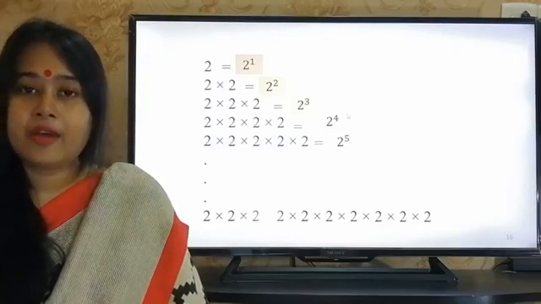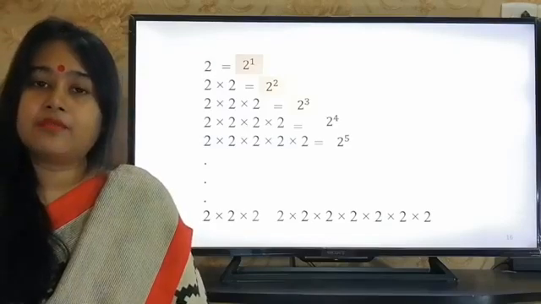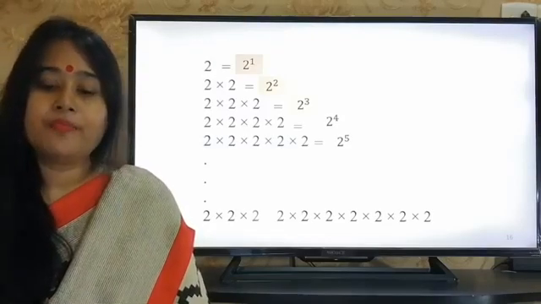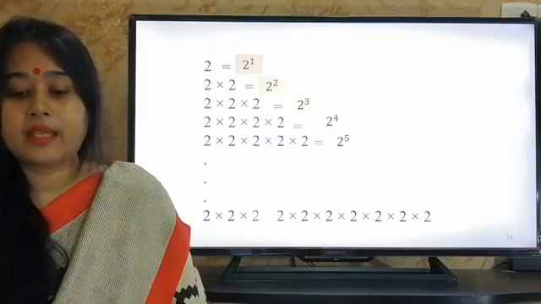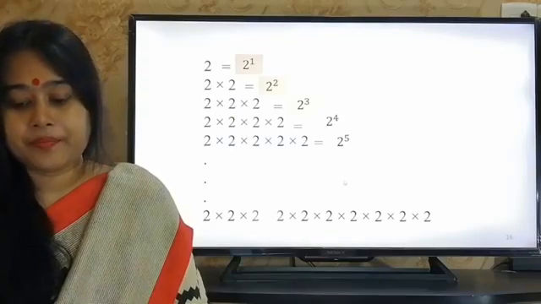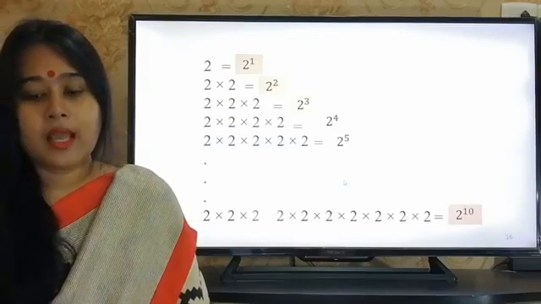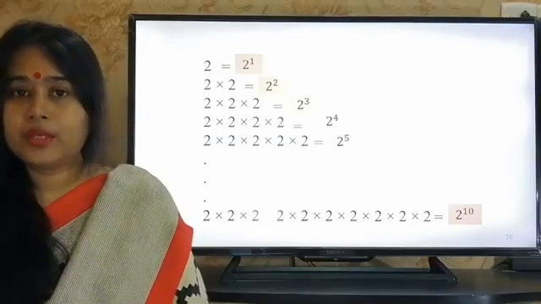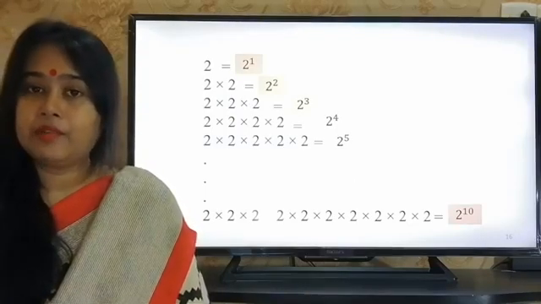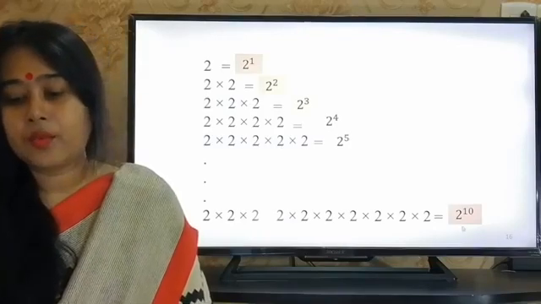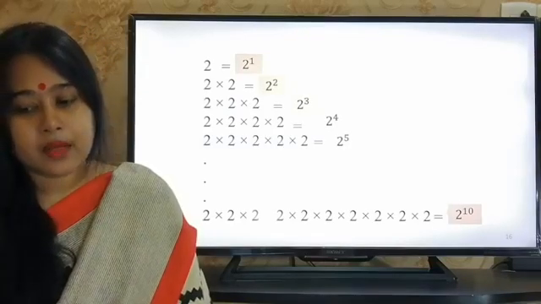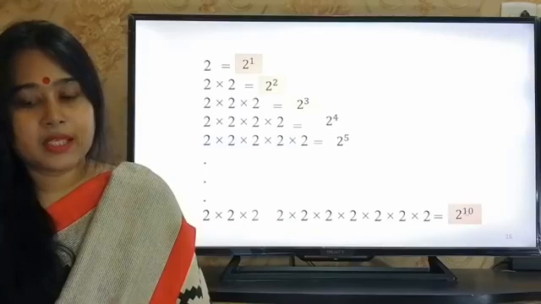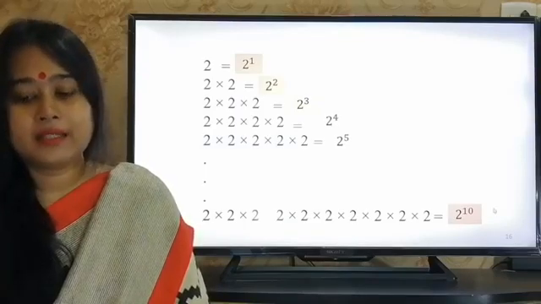If we have 2 multiplied 5 times by 2, then we can write 2 to the power 5. And so on. For the last line, we have 2 multiplied by itself 10 times. That's why we can express it as 2 to the power 10.